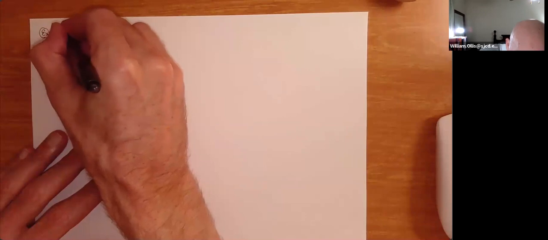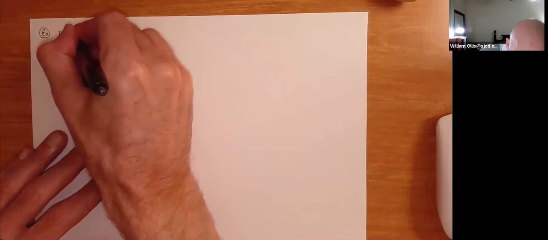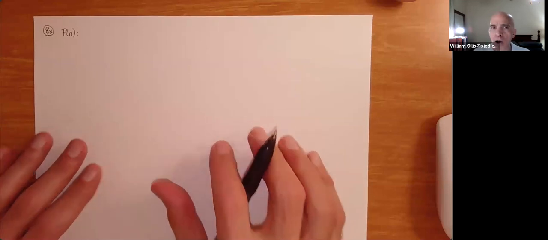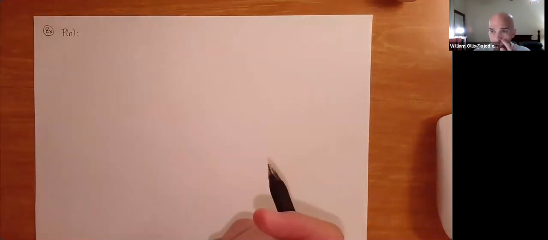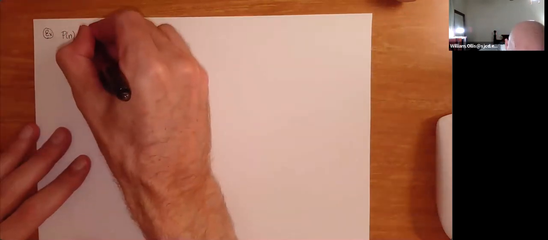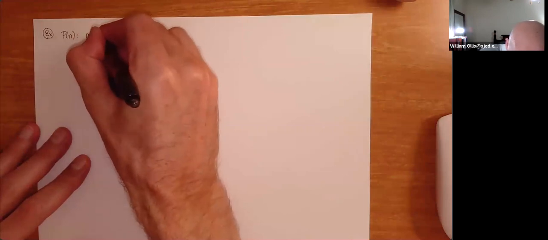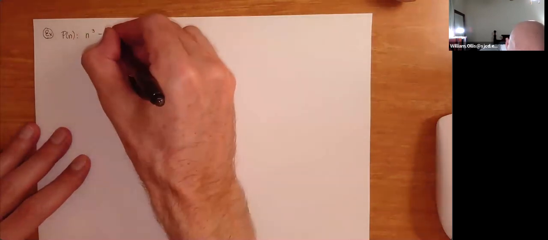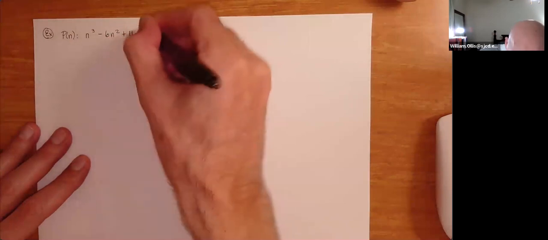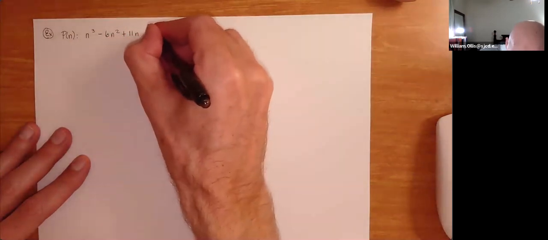Now, in your homework, you might have a list of logical statements about natural numbers, and they'll say, are these true? Are these false? And if they're true, prove by induction. So here's an example of that. For instance, we have n cubed, and I'll write it out just in words, minus 6n squared plus 11n is divisible.